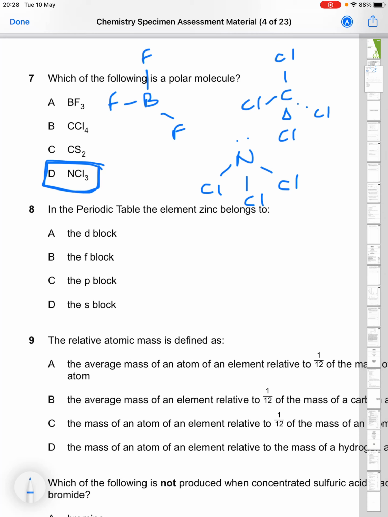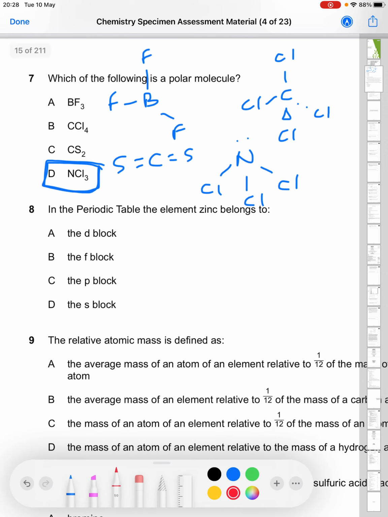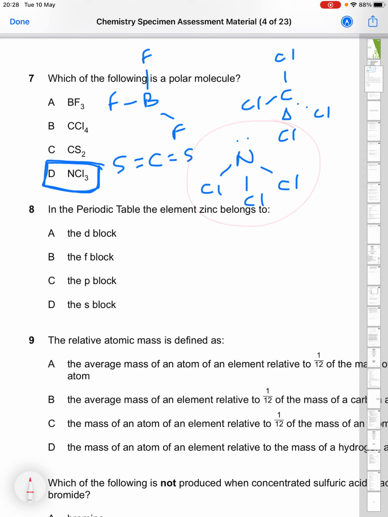And the CS2 is like carbon dioxide, and again the dipoles there all cancel each other out. But with NCl3, there's a resultant dipole going in that direction because the lone pair here is repelling the 3 bonding pairs of electrons. Okay, so the answer is D.